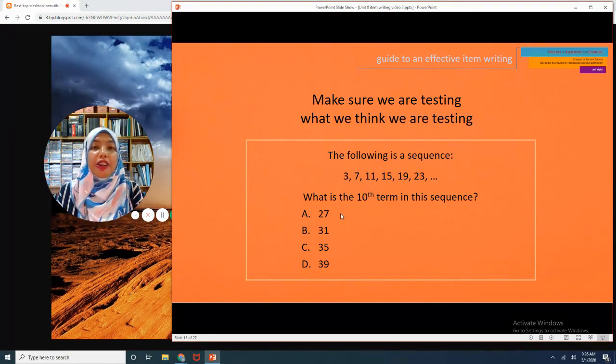So when students that you feel are able to answer your questions correctly somehow fail to get the right answer, this is an indicator that there could be something wrong with your item. So please revise, look back, and analyze ways in which you can improve this item.